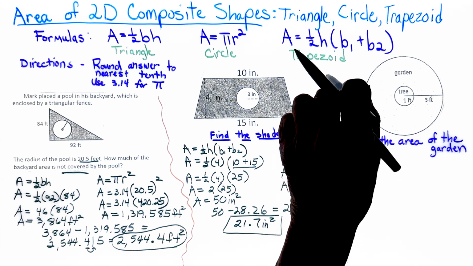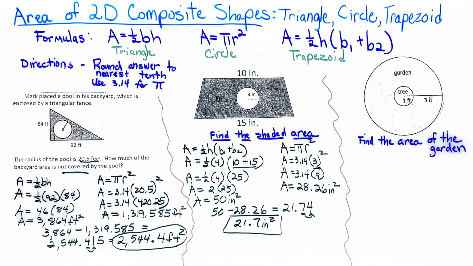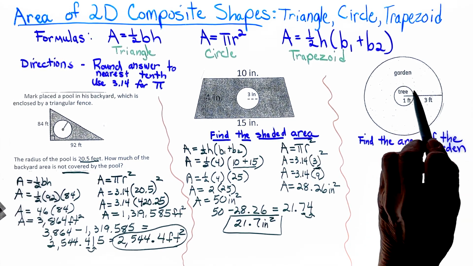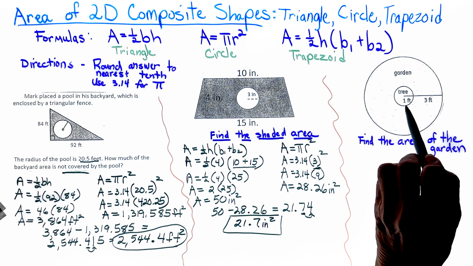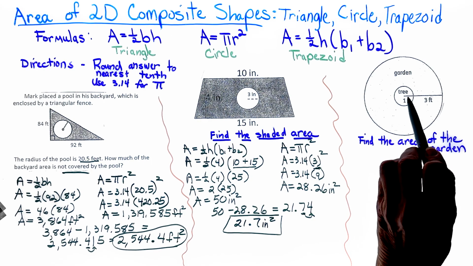Going to the next one, notice brainwaves left that problem. We're headed to the next one. And for the next one, we now have a garden, and they have a tree right in the middle of that garden. And I can see the radius of this tree is 1 foot.